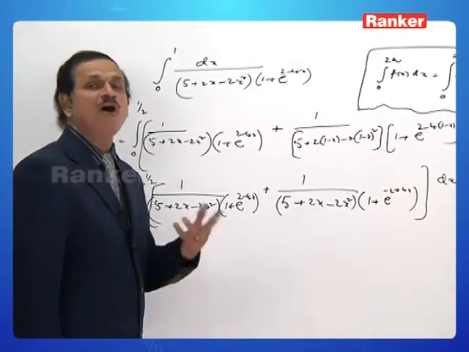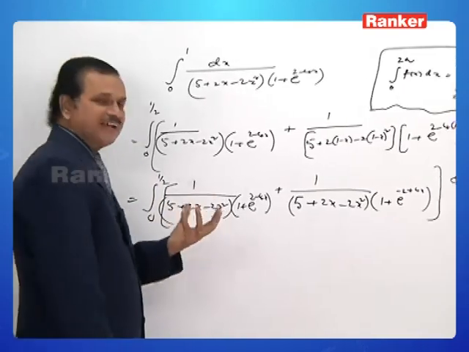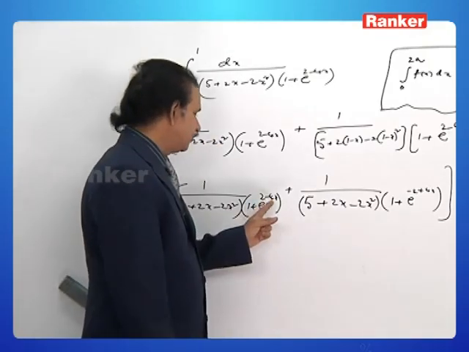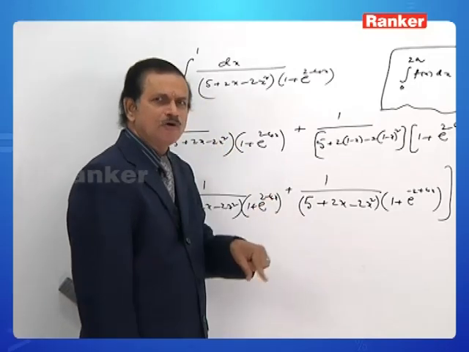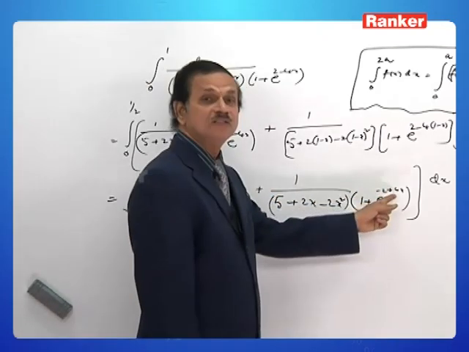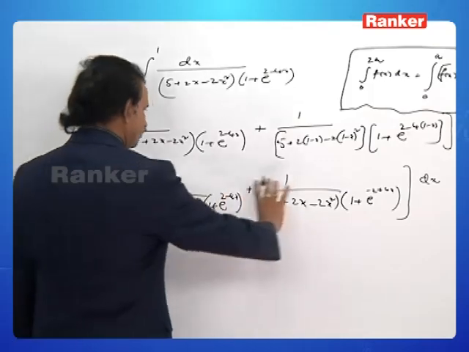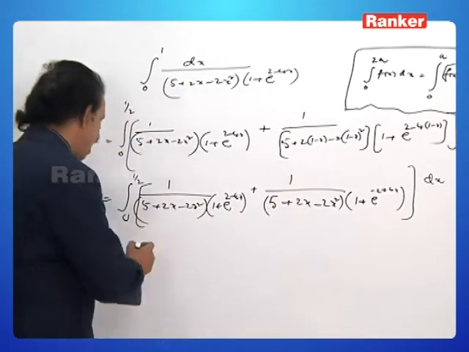Again, to avoid the steps, you think of the expression more generally. Come on dear, you take 2 minus 4x, some t in your mind, don't put on paper. This is t. Automatically this is minus t. And this expression 1 by 5 plus 2x minus 2x square can be taken out as a common factor.